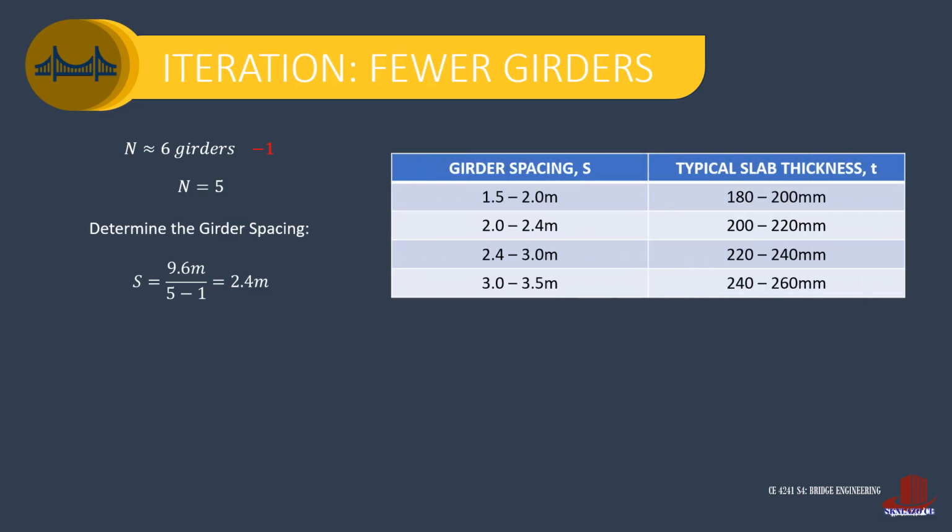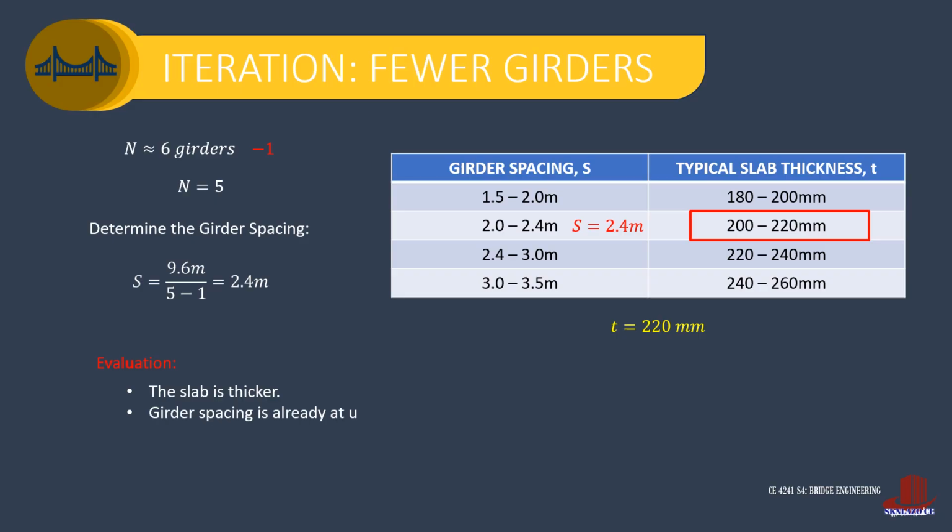From the preliminary table, S of 2.4 should have the slab thickness from 200 to 220 mm. So let's use slab thickness of 220 mm. Let's analyze this option. This slab becomes thicker again, at almost 9 inches, and also the girder spacing is at the upper limit, which makes it less efficient.